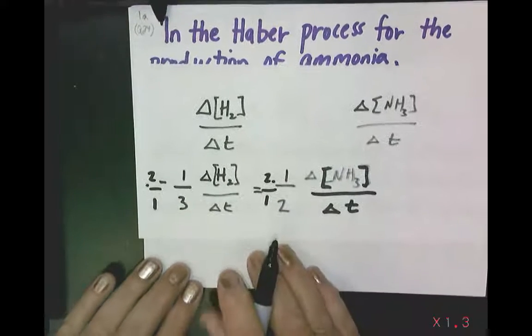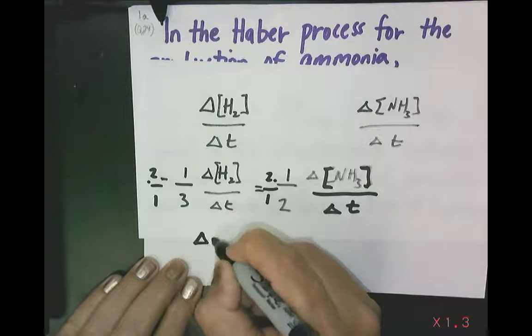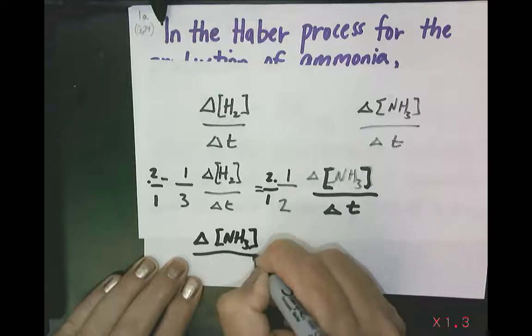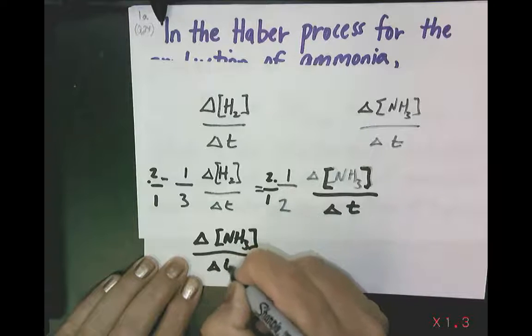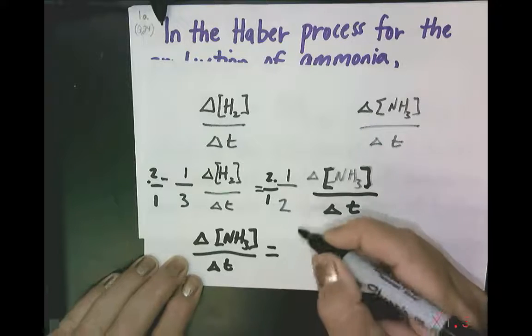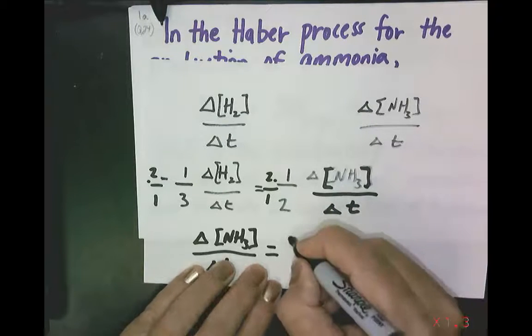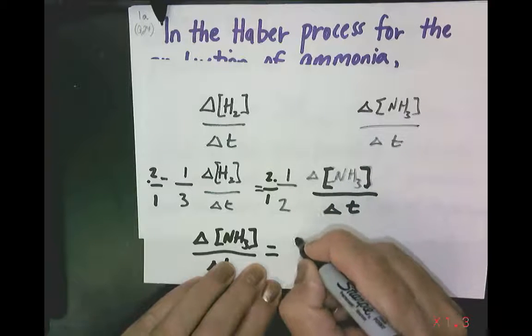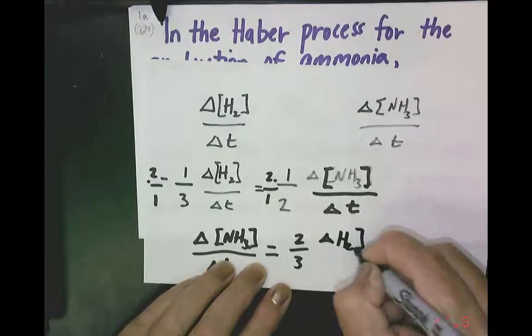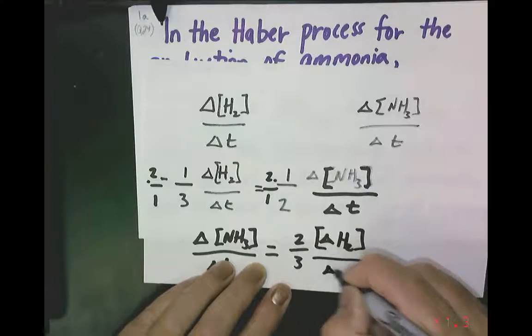Let's get it back up on the screen. So delta concentration of ammonia appears, or is produced, as 2/3 of the hydrogen is being consumed.